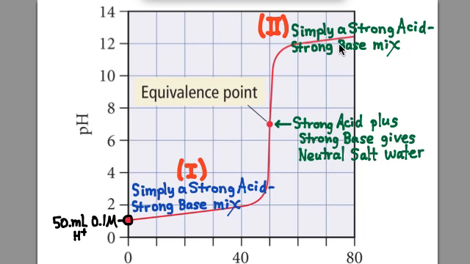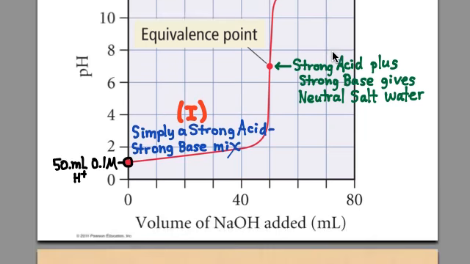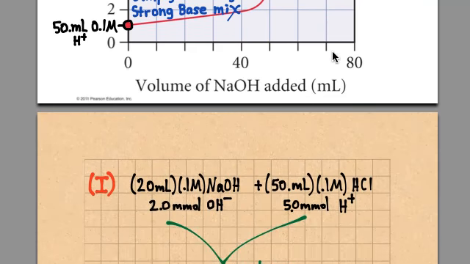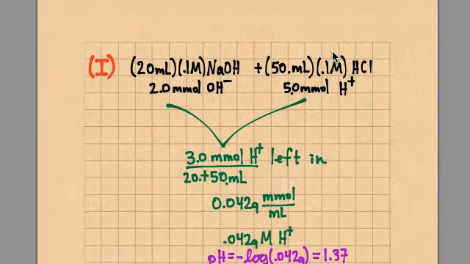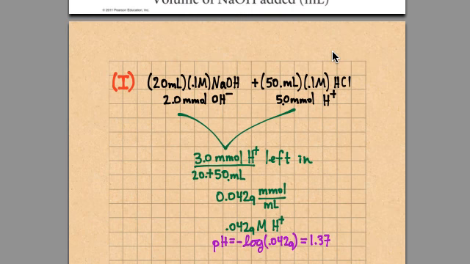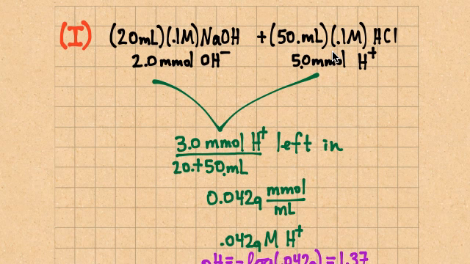By the time you go beyond the equivalence point, I have added too much base, and my calculation is just that of an excess of base in a certain volume of water. For example, in region 1, let me pick the 20 milliliter mark. If I add 20 milliliters of 0.1 molar NaOH to 50 milliliters of 0.1 molar HCl, that's 2 millimoles of strong base and 5 millimoles of strong acid.